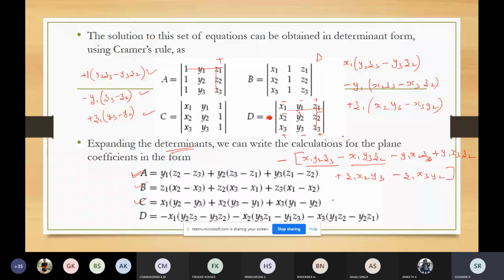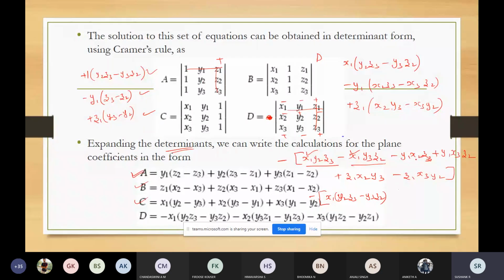I'm not taking the minus in as of now. I'll take x1 common. The first term I need not expand, but for your understanding I've expanded x1 y2 z3 minus y3 z2. The same thing will only come. Since I wanted to expand this, I'm just showing this.